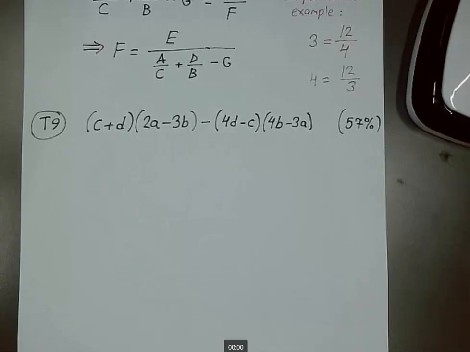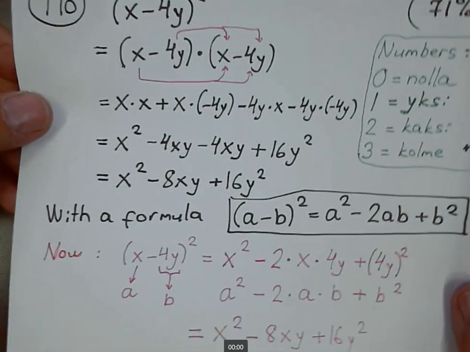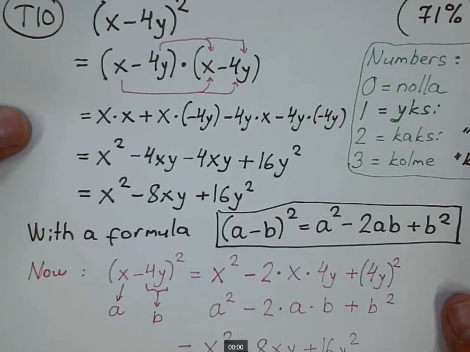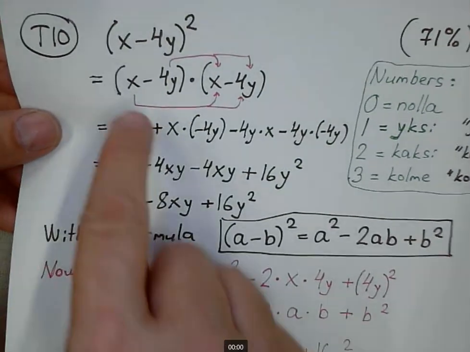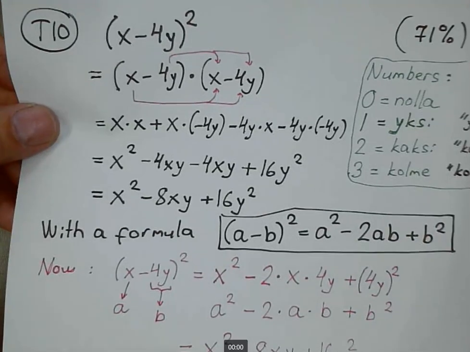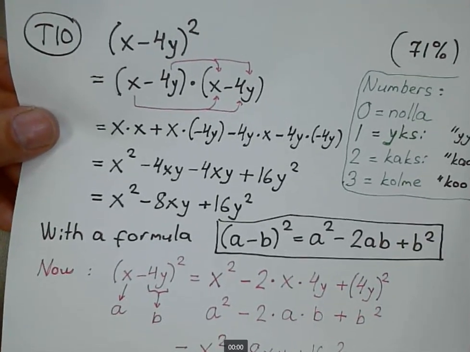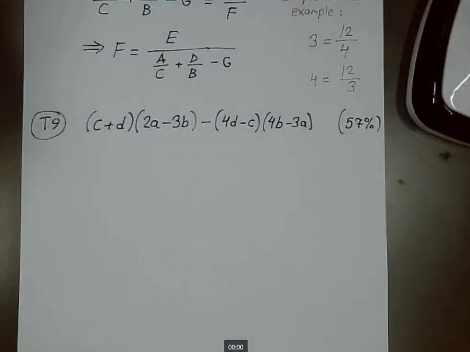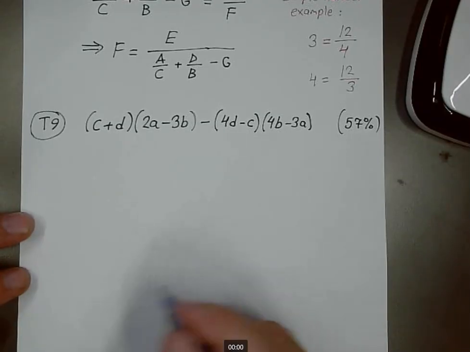I could do this the same way as I did in this problem. So I could multiply everything with everything. It is okay to do it like that. But now I take a different way, and I make this in some kind of matrix or table.